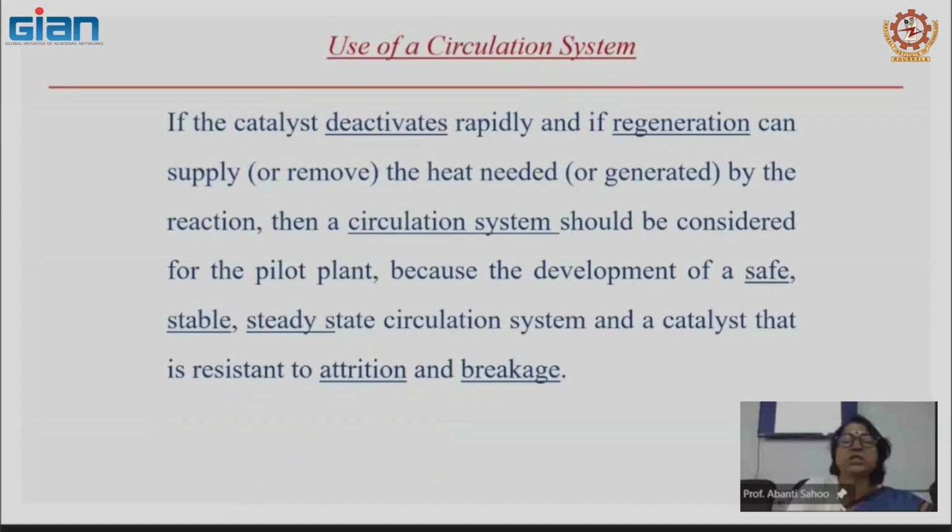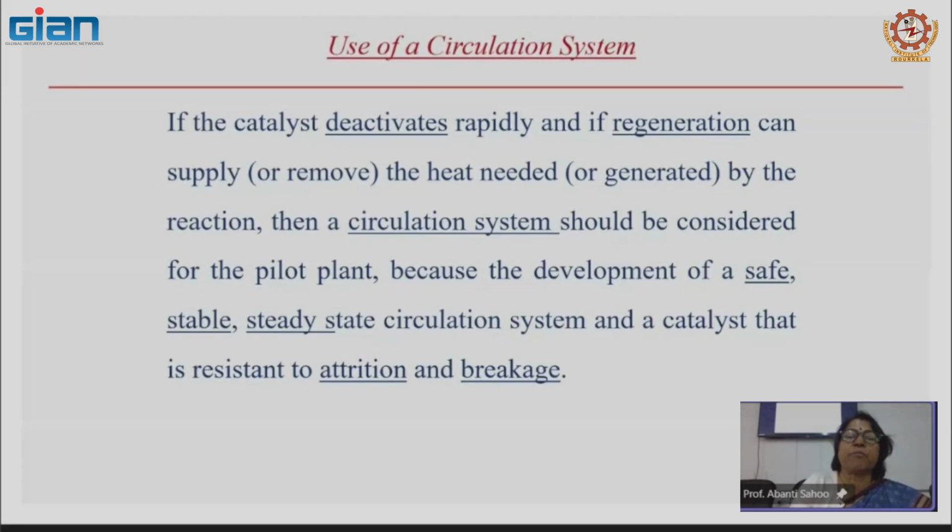If regeneration can supply the heat needed by the reaction of a circulation system, it may be regenerated. So, there we can use the circulation system so that we can have a safe, stable, steady state circulation system, and there will be no damage, attrition or breakage of the catalyst also.